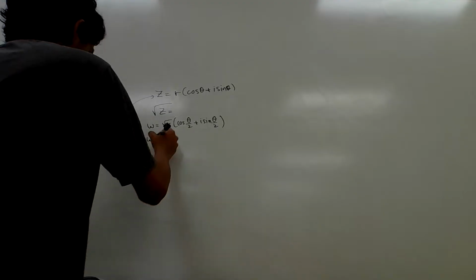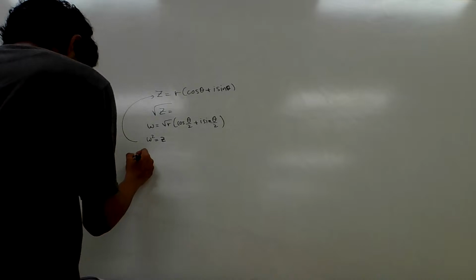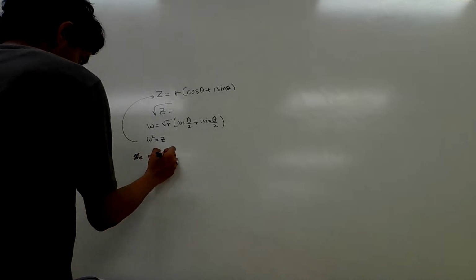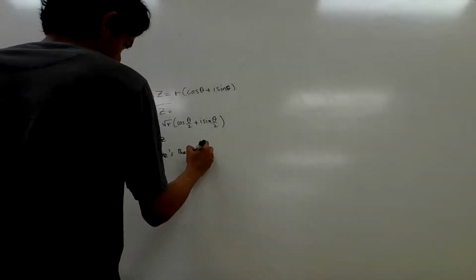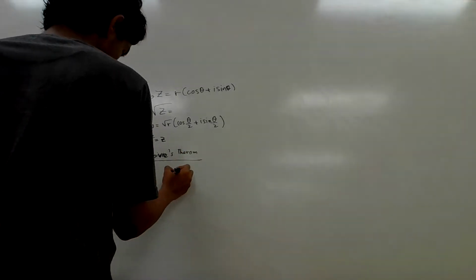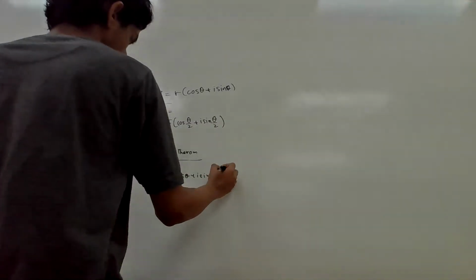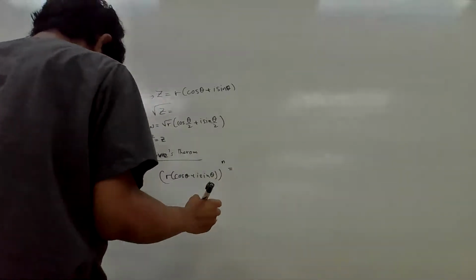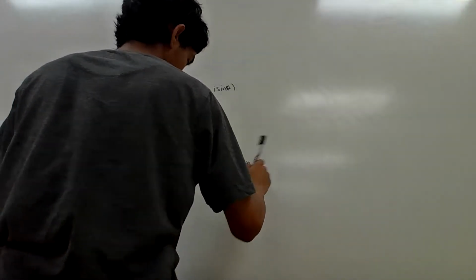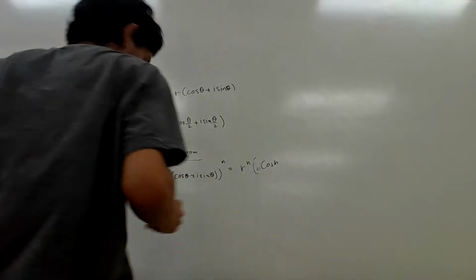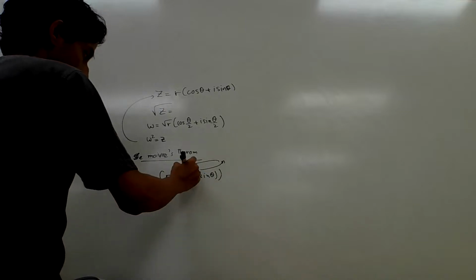This can be proved using a theorem called De Moivre's theorem, which says that r times cos theta plus iota sine theta, to the power n, is r to the power n times cos n theta plus iota sine n theta.